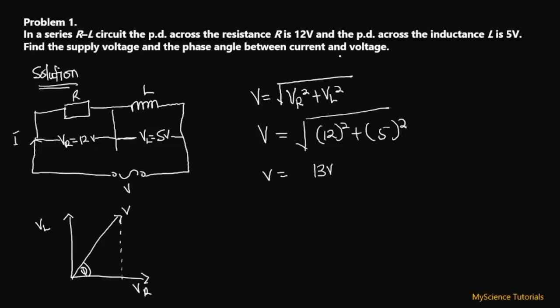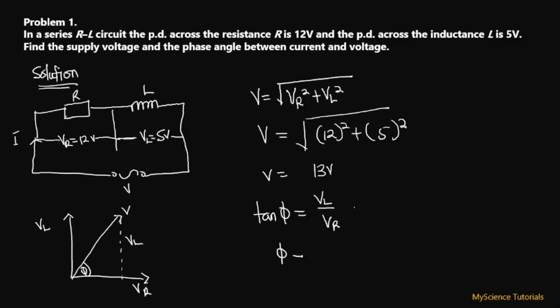Now, the second part of this question is asking us to find the phase angle between the current and the voltage. To do that, we simply say tan of the phase angle is equal to VL over VR, as we can derive from this particular diagram over here. This is opposite over adjacent, which is VR over here. We already know what our VL is, and we already know what our VR is.